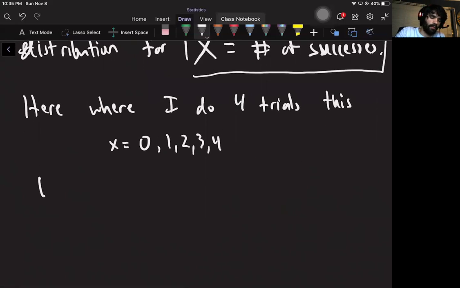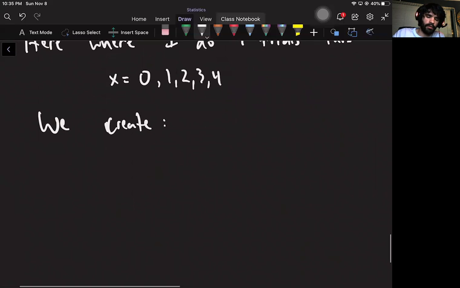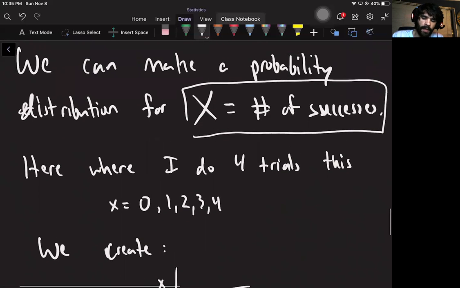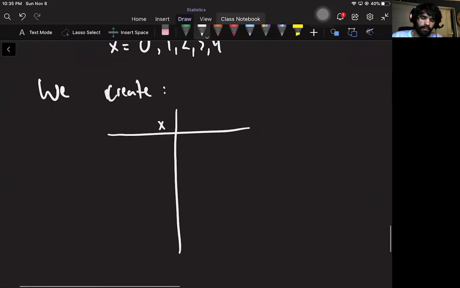So then we create the probability distribution where on the left side is always this little x, which are the possible values that the number of successes could be. So since I'm trying 4 times, I can go from 0 to 4.